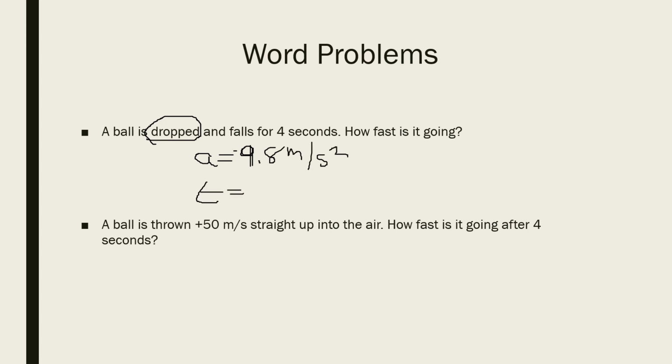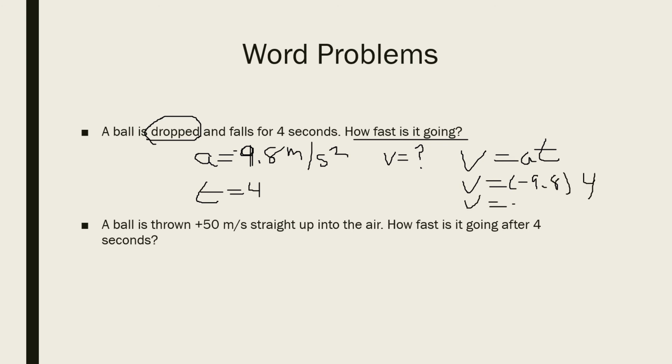T equals 4. How fast is it going? Well, if it's free fall, looking for velocity. There's no initial velocity in free fall. V equals AT. Done. V equals negative 9.8 times 4. V equals negative 39.2 meters per second.